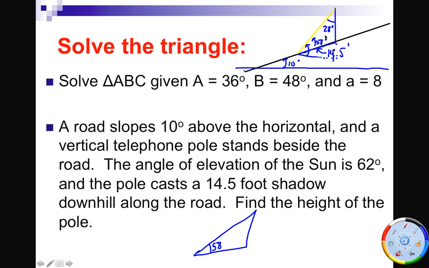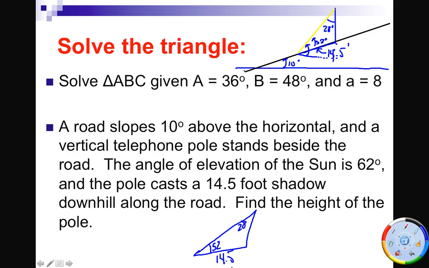Sorry, not 58. Gosh darn it. 62 minus 10 is not 58. Okay, 52. 52. This is 28. And this is 14.5.